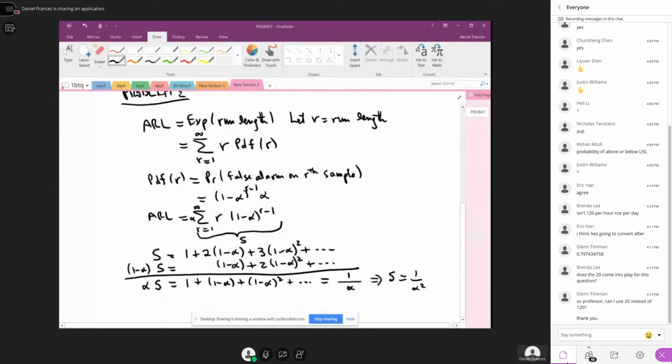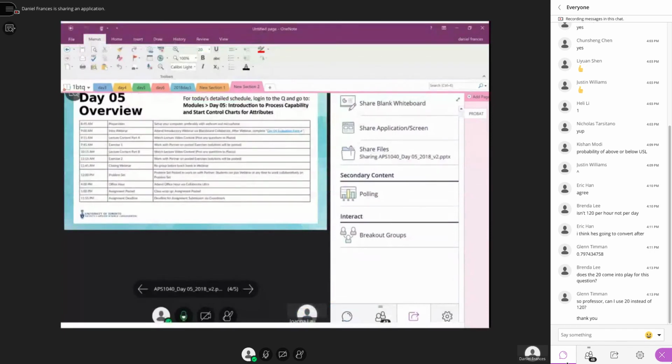You got that? Well, if we do that, then we go back up here, and this is alpha times 1 over alpha squared, and we get 1 over alpha, and that's it. Ta-da! So we've done it. I know what you're going to ask. You're going to ask something like, do we have to be able to do this?